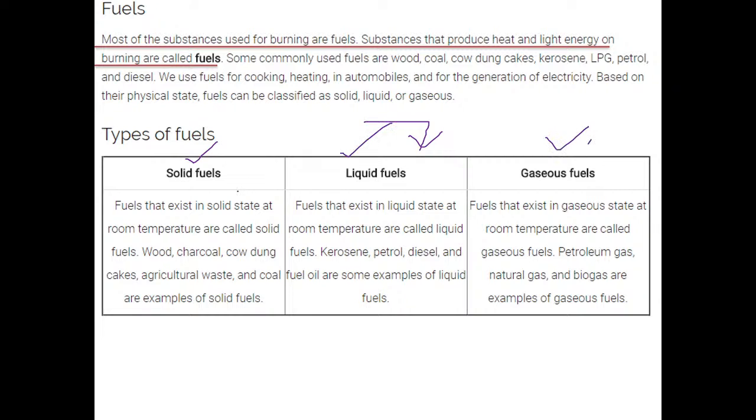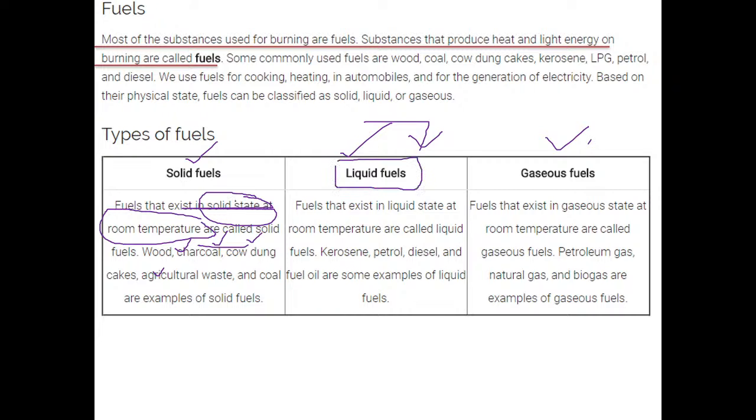Solid fuels are those which are in solid state at room temperature, and they need large space for storage, like wood, charcoal, cow dung, agriculture waste, etc. Liquid fuels are in liquid state.